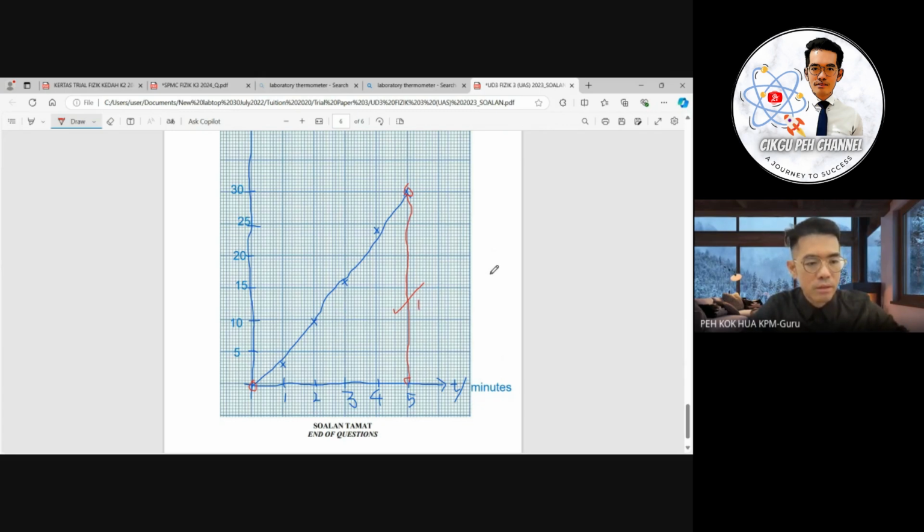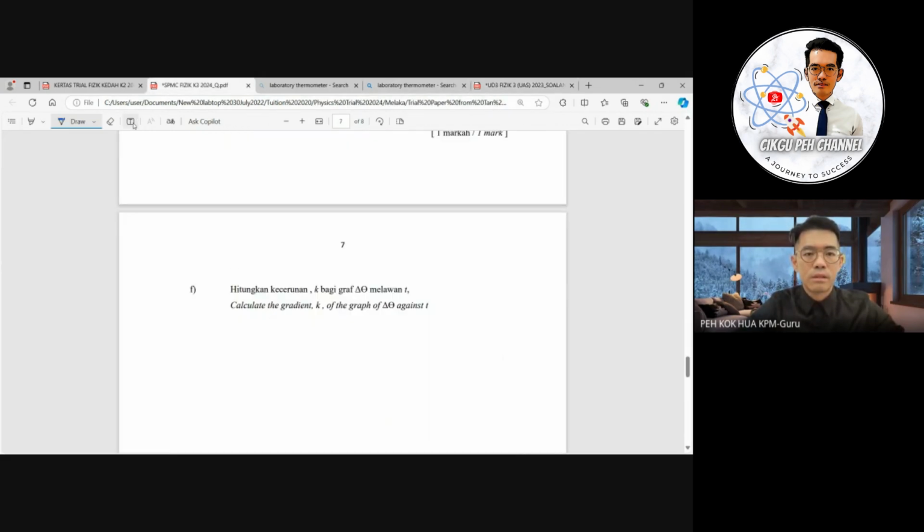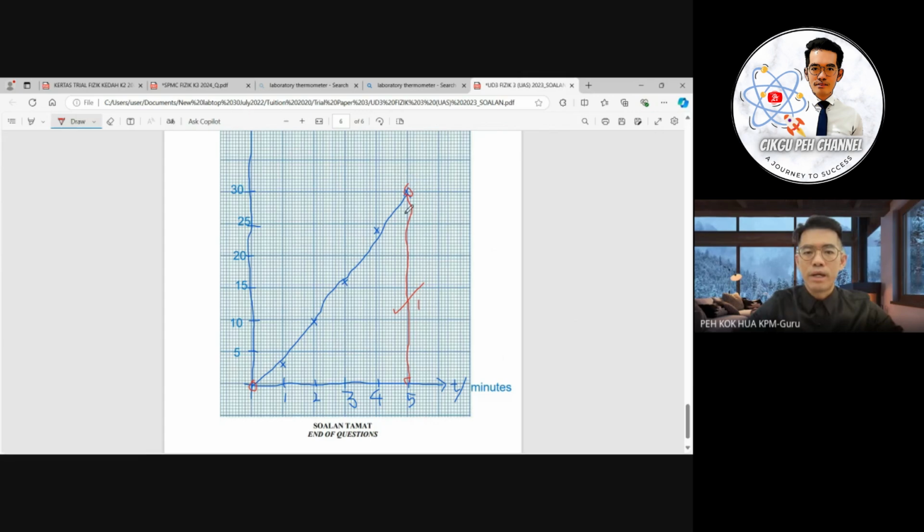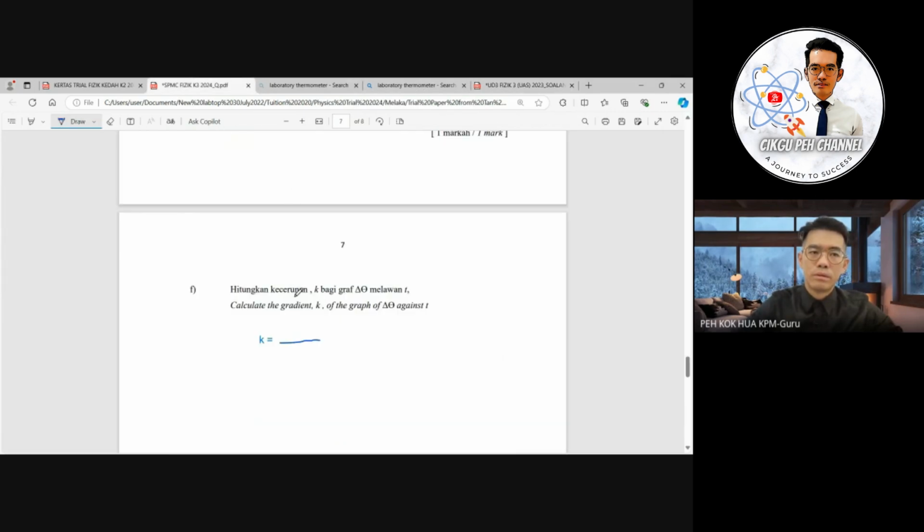Then next will be the gradient k equal to 30 minus 0 over 5 minus 0. So here will be 30 minus 0. Here will be 5 minus 0.